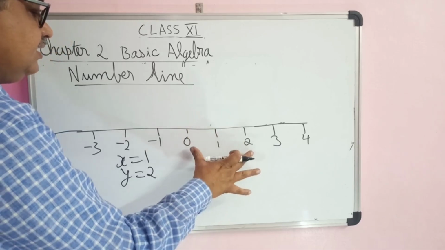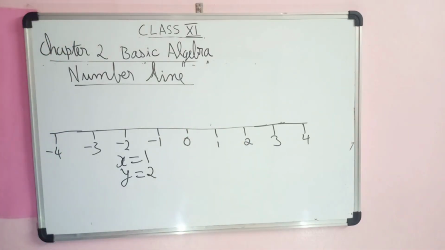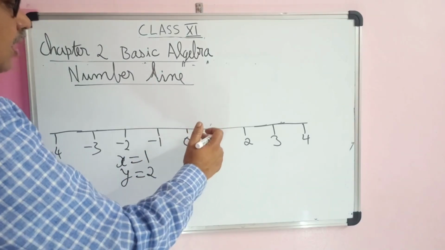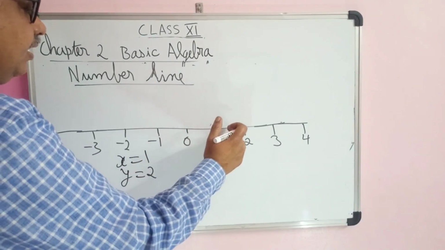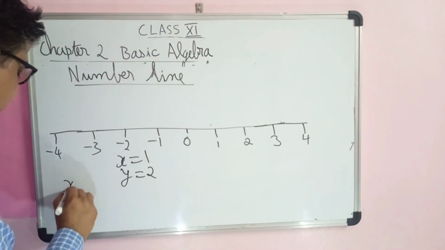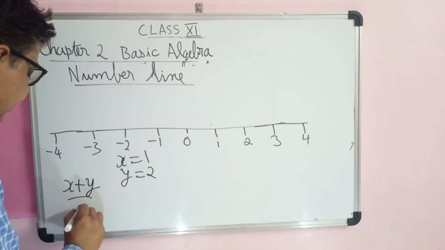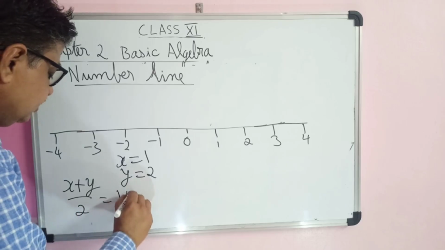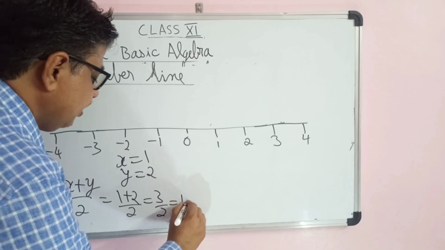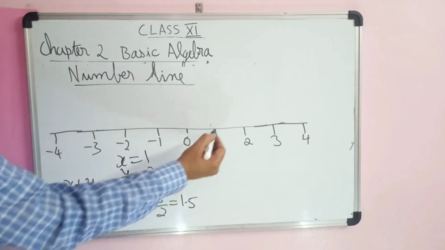We can also mark rational numbers in between two distinct rational numbers. Say x plus y divided by 2 is equal to 1 plus 2 divided by 2, 3 by 2, which is equal to 1.5. 1.5 comes here.